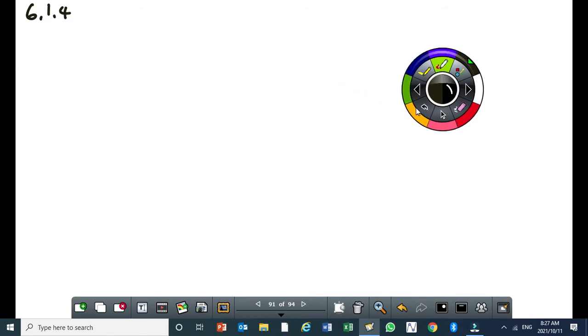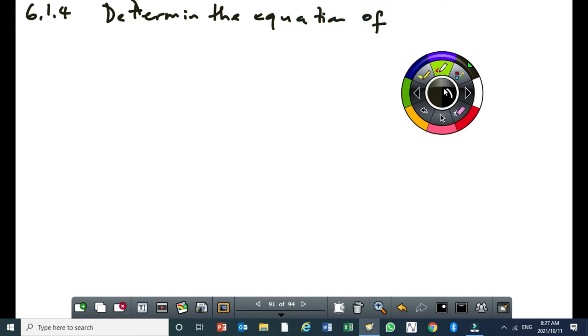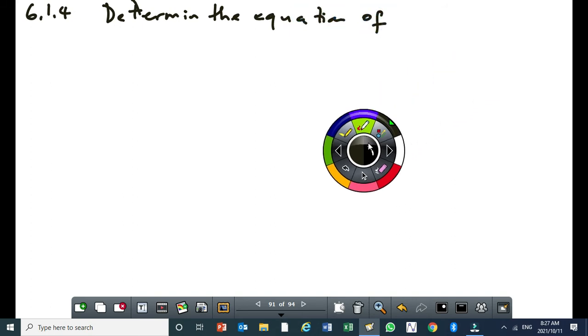Determine the equation of, well, let me call it h of x, if h of x is equal to minus p of x plus 3. Can you find that equation?